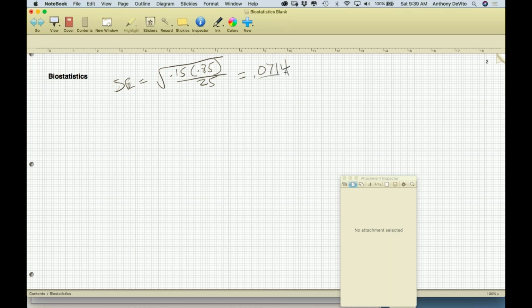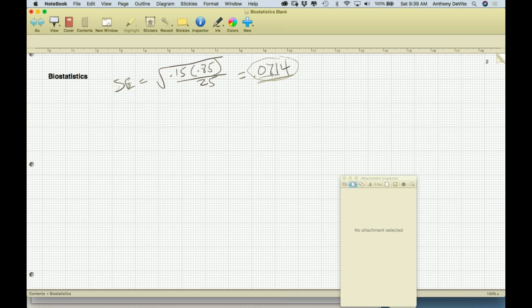You could have typed in 0.0714 if you wanted to be a little bit more accurate, or to avoid a rounding error. Since this is the last step, I was perfectly willing to round it. In other words, we're not going to use this for further calculation. If we were, I would avoid rounding this.